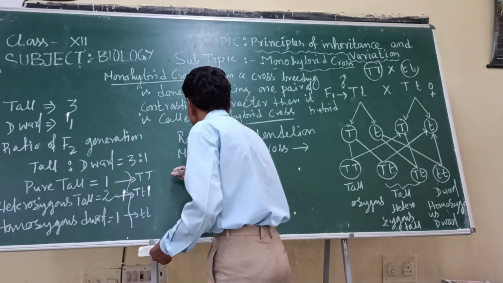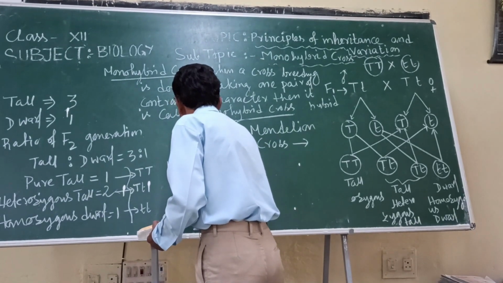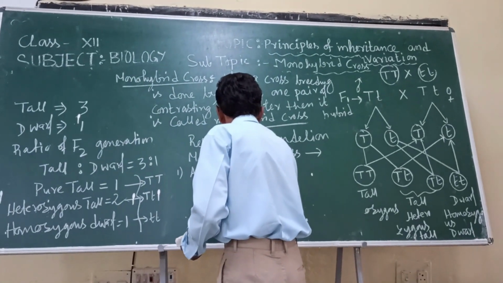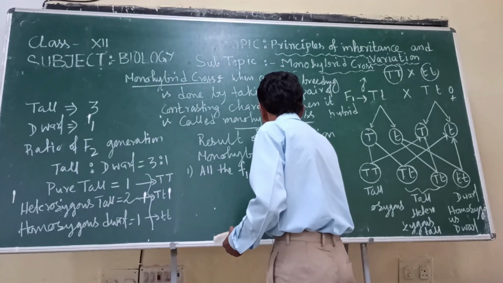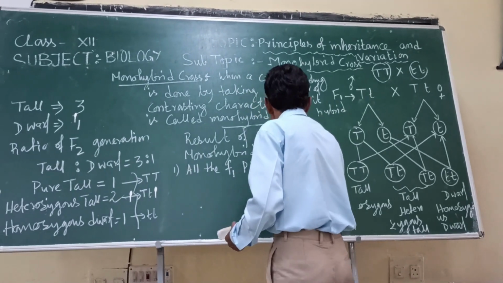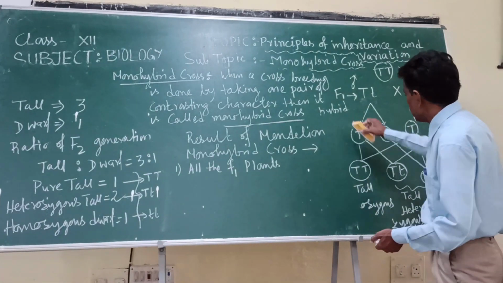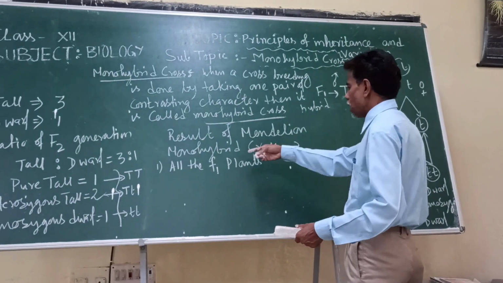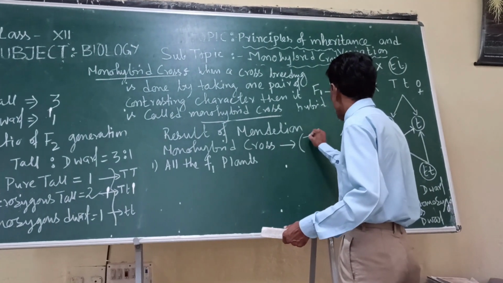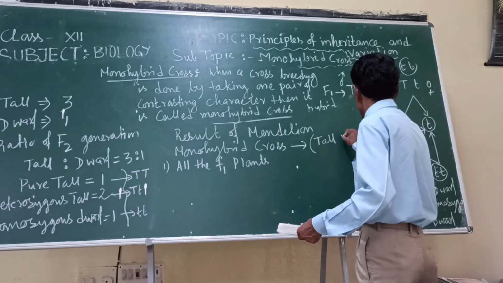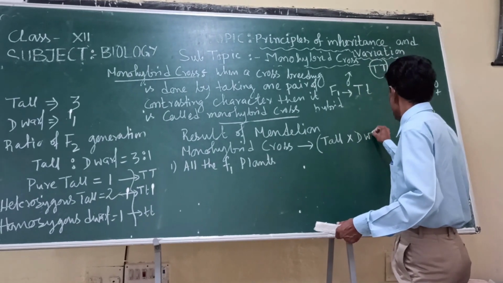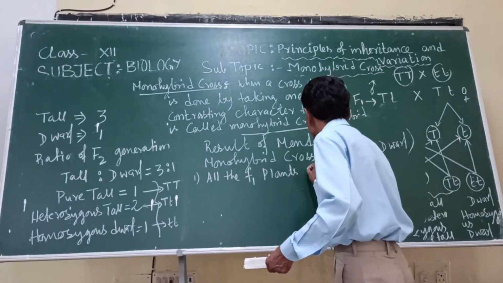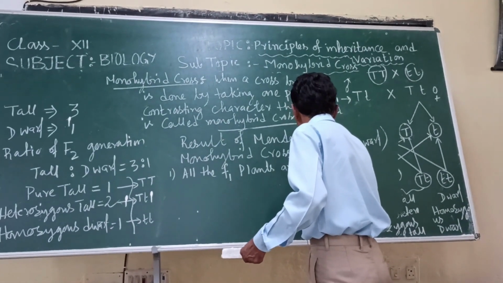Number 1, all the F1 plants, with respect to tall and dwarf plants, are tall.